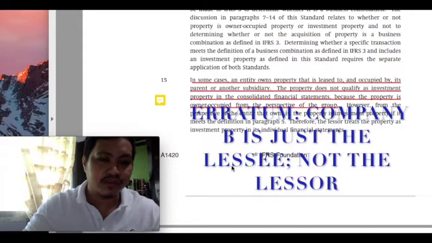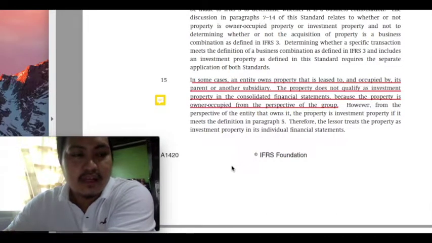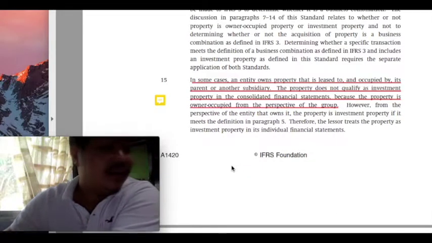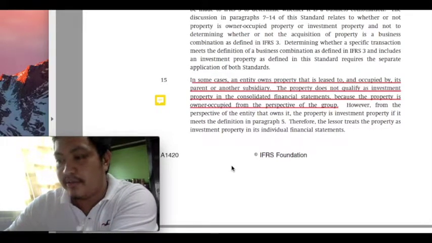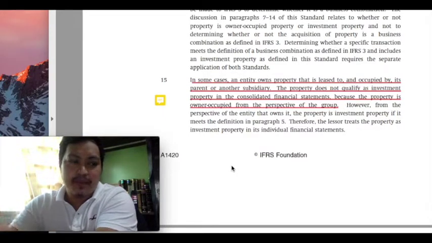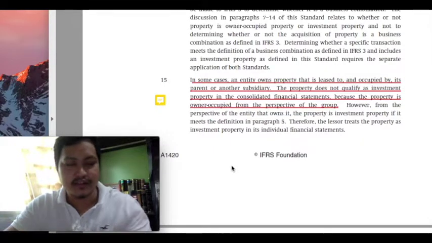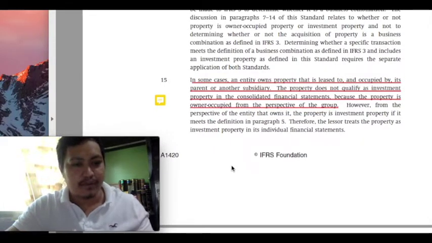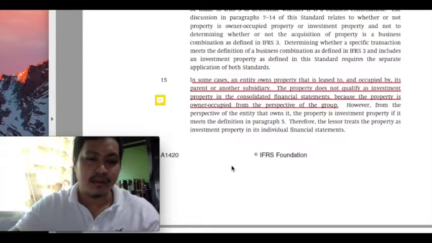Lessees normally do not need to recognize the leased asset in their separate books. So no issue. Company B is not the owner of the building; he's only a lessee, so it will not be reported in his books. Company A will report the property in his books because he is the owner of the property.